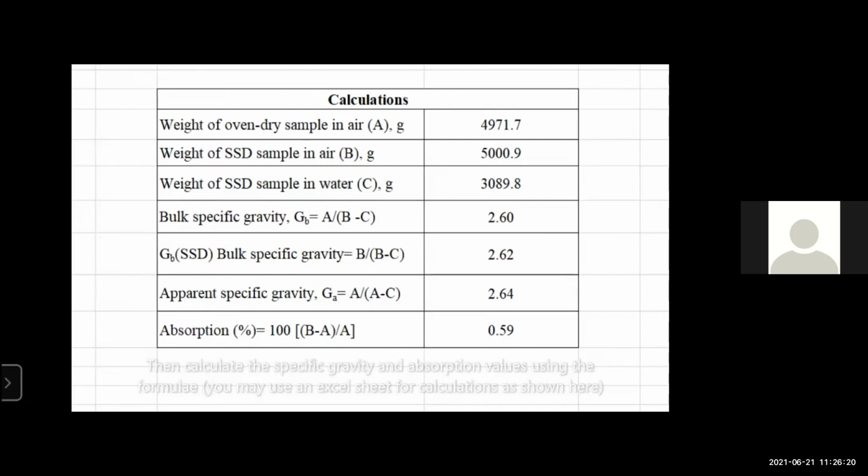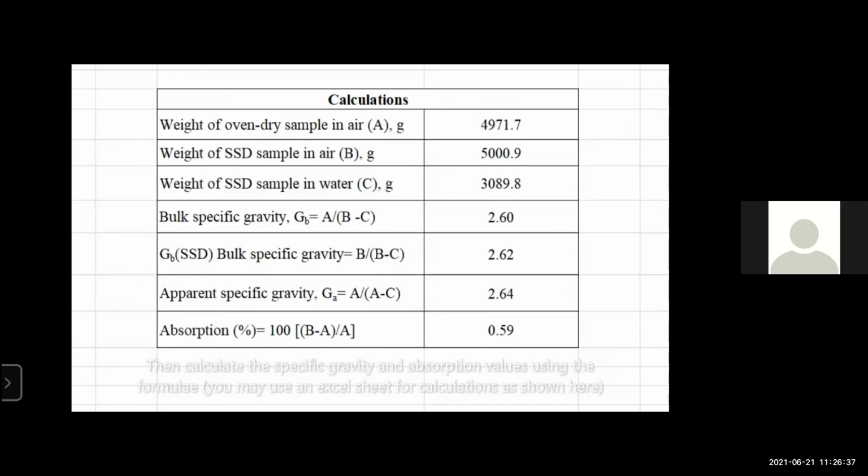Apparent specific gravity, which is GA, is equal to A by A minus C, and here the value of A is 4971.7 gram. Here also the value of C is 3089.8 gram.